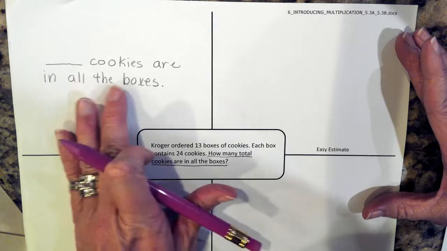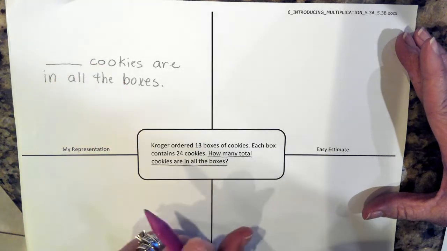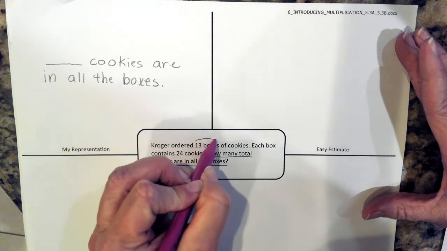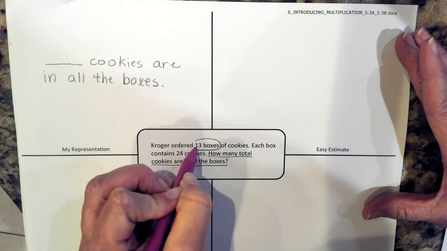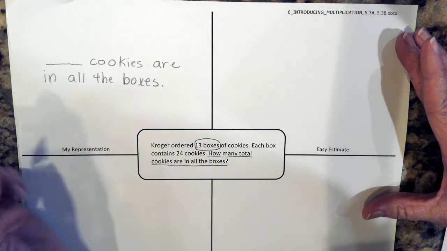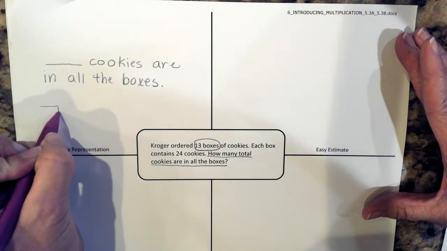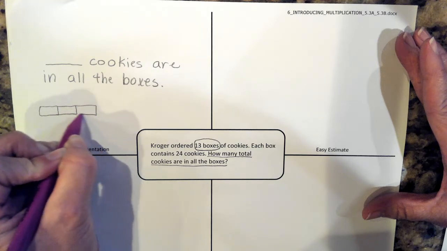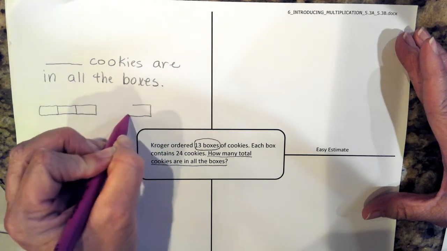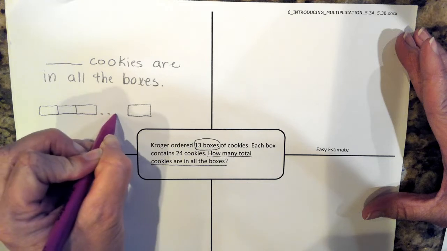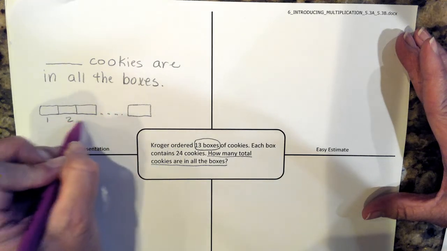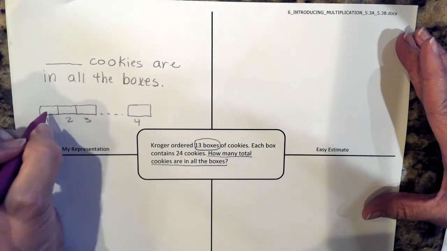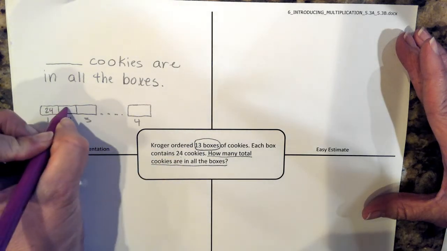In order to find out how many cookies there are in all the boxes, I need to know how many boxes there are. So I'm going to go back to my story, and I notice there's 13. So I'm going to make a representation here. 1, 2, 3, 13. And then there's 24 in each box.